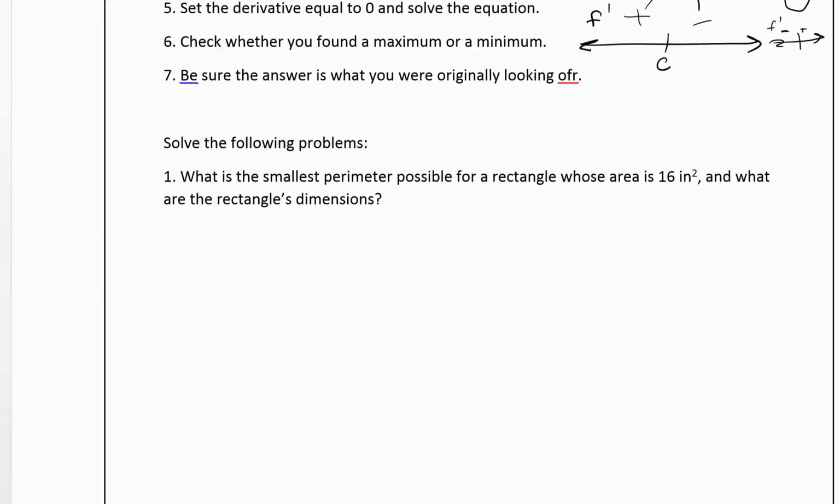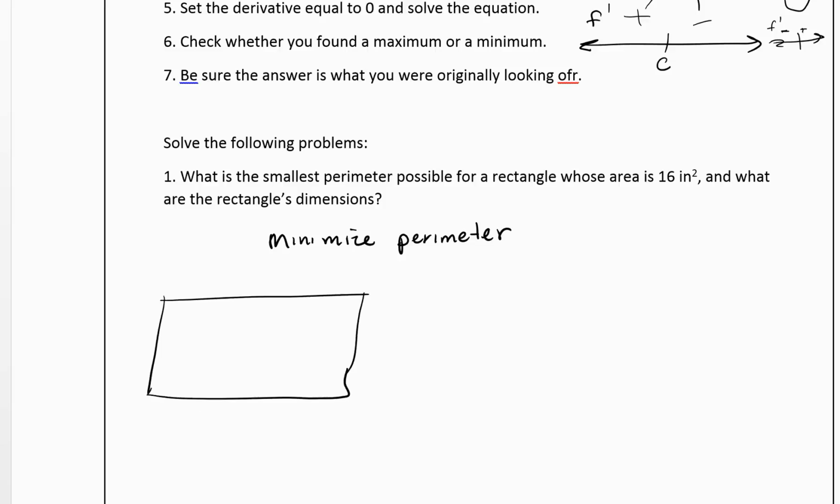So this says, what's the smallest perimeter possible for a rectangle whose area is 16 inches, and what are the rectangle's dimensions? Okay, so we're trying to minimize the perimeter. So let's draw our figure. So say we have x and y, right?